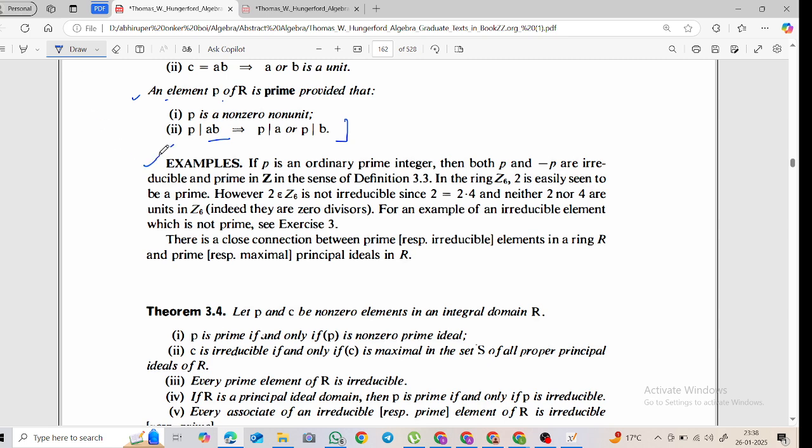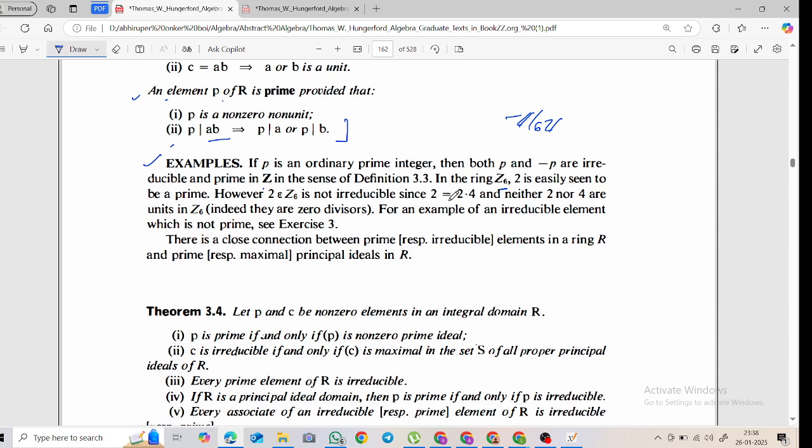Look at this example. P is an ordinary prime integer. Both P and minus P are irreducible and prime in Z. Now they are taking the ring Z mod 6Z. 2 is easily seen to be a prime. However, 2 in Z mod 6Z is not irreducible.